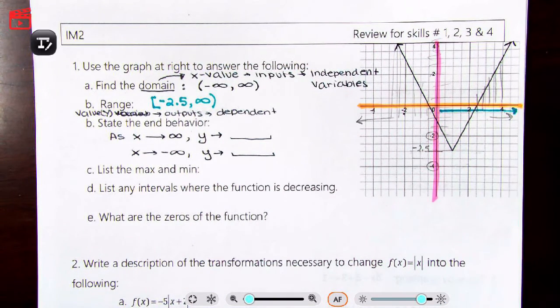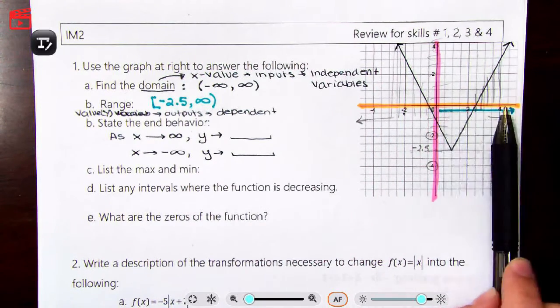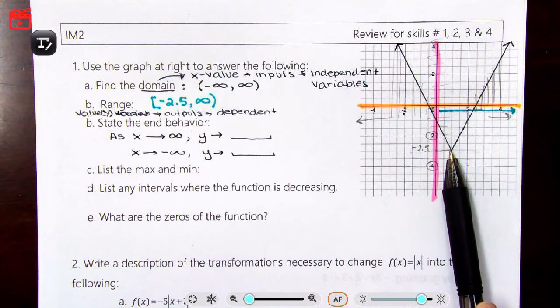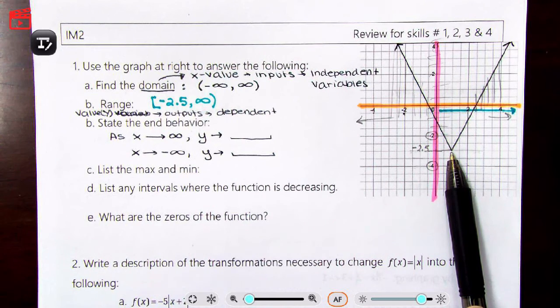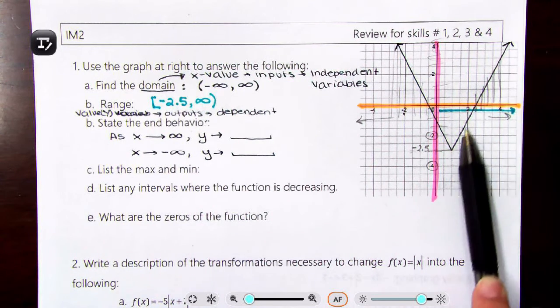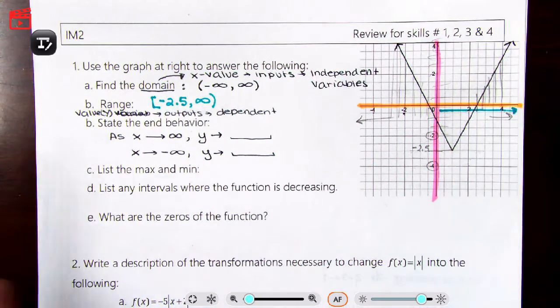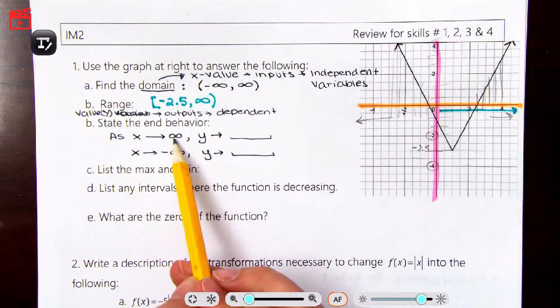Our y values go down from, I guess from here, 1.5, all the way down to -2.5, and then go all the way up. So we can say a few different things of what happens with end behavior to positive infinity.